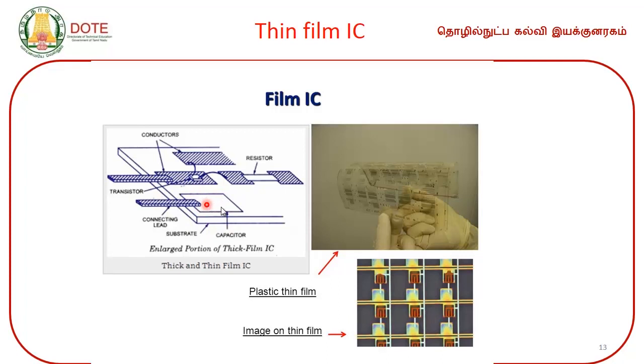So, this is one conducting film and in between there is a insulation material and so on. Here you can see the resistor, right. By reducing or increasing this width, you could fabricate different value of resistances, right. So, here you can see the image of the thin film.